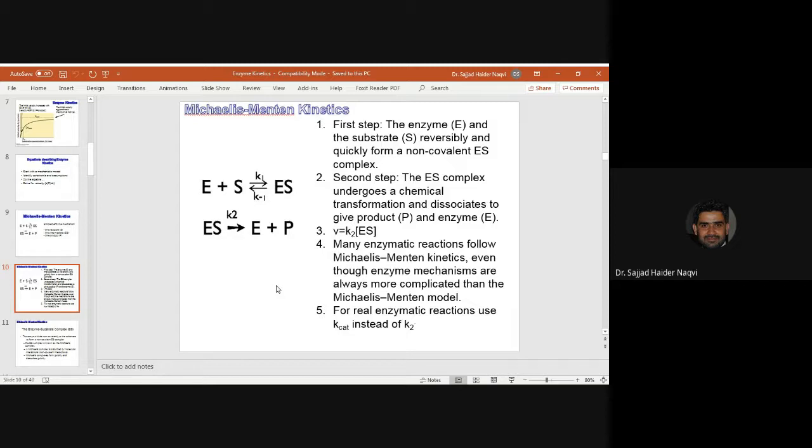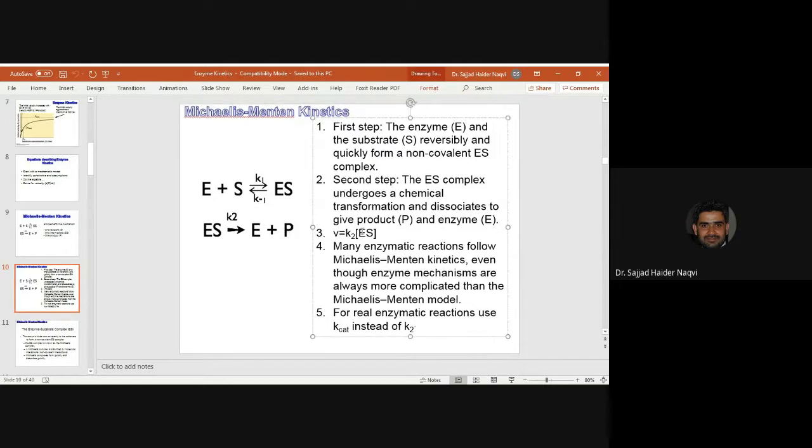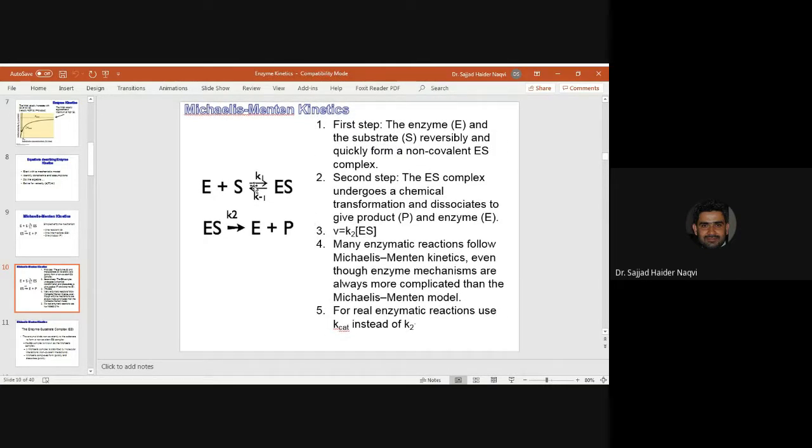The third step is velocity V equals K2 times the concentration of enzyme substrate complex. Now, why is this the case? If I remove this K2, you know that the velocity will be directly proportional to the enzyme substrate complex concentration. Why is the velocity directly proportional to the enzyme substrate complex? The reason is that the first step is reversible.